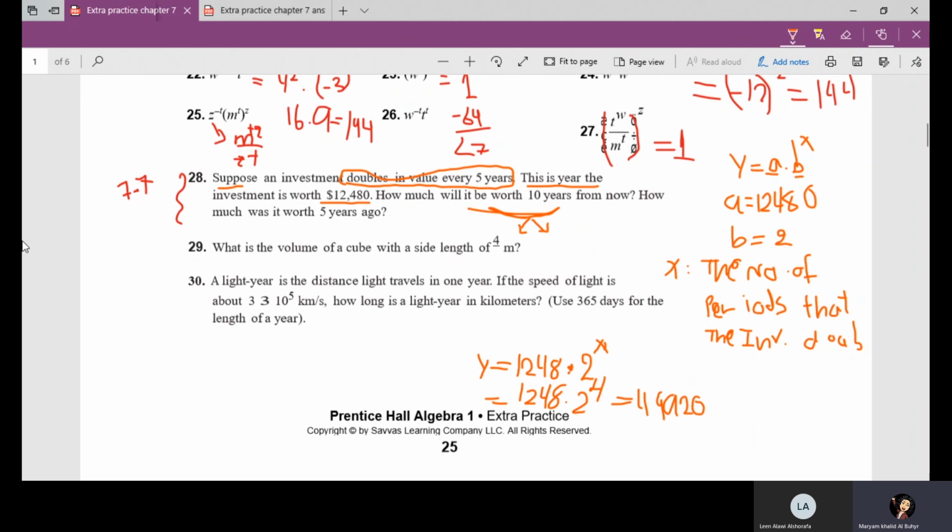I think I missed a small number. Here is the 0. I'm sorry for that.